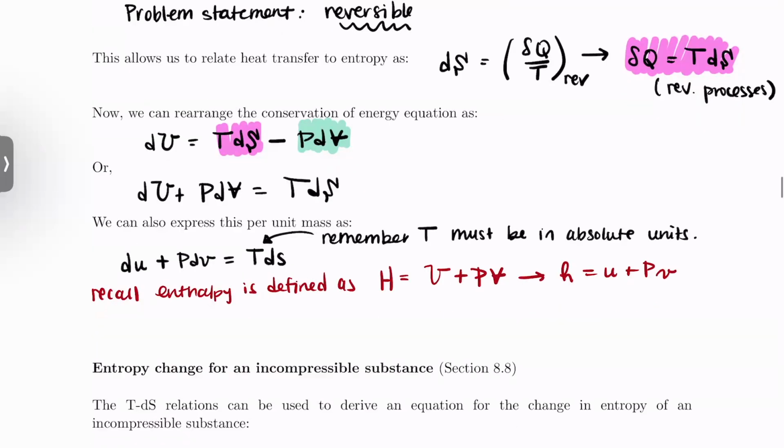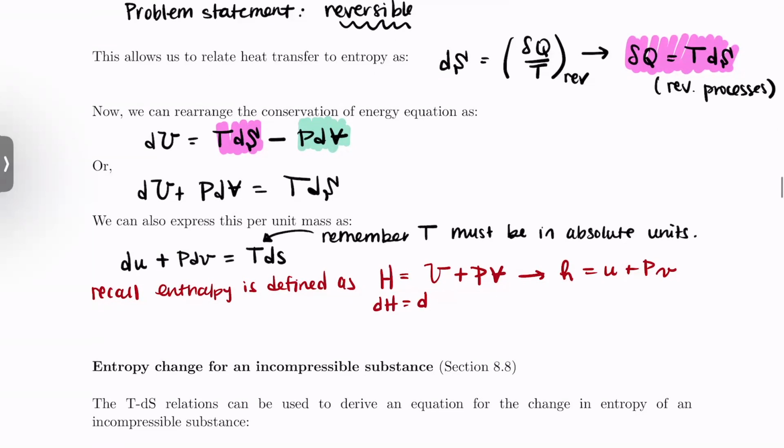And if I do a differential of this entire equation, so if I have the differential of H is equal to the differential of U plus the differential of PV, which I need to do the product rule for that second term. So I have du plus dP times v plus P times dv, right? So I'm just doing the product rule there.